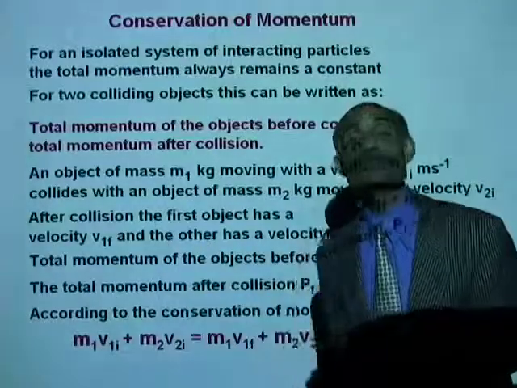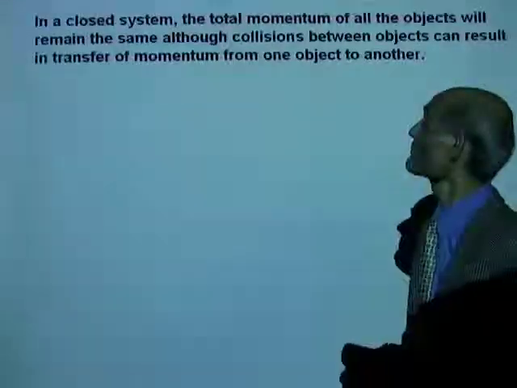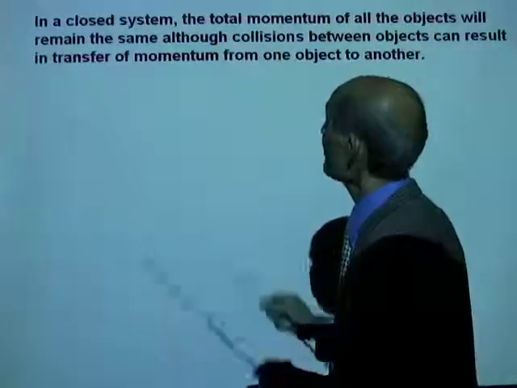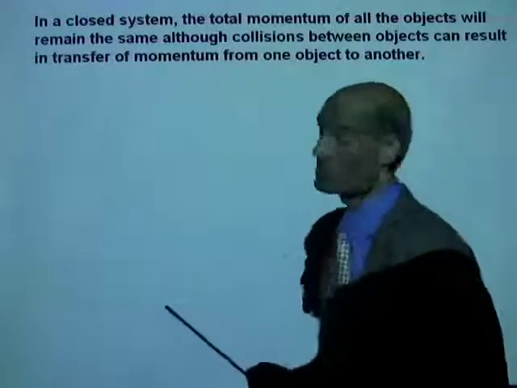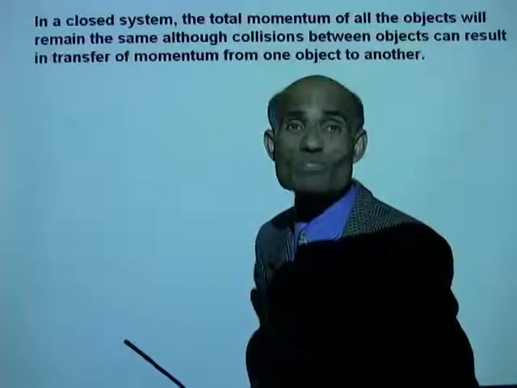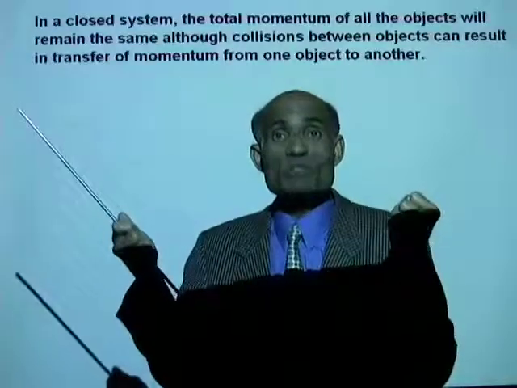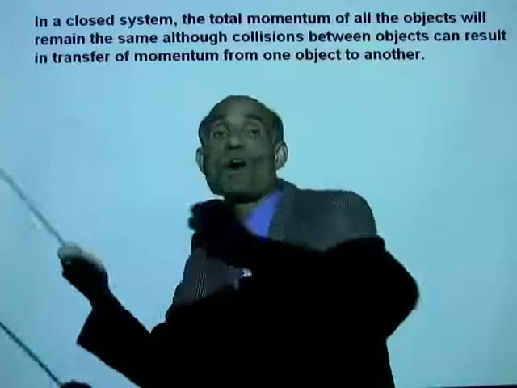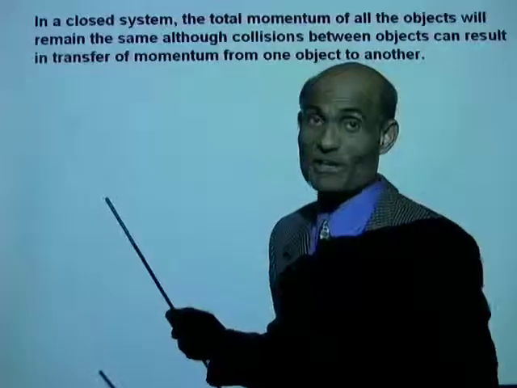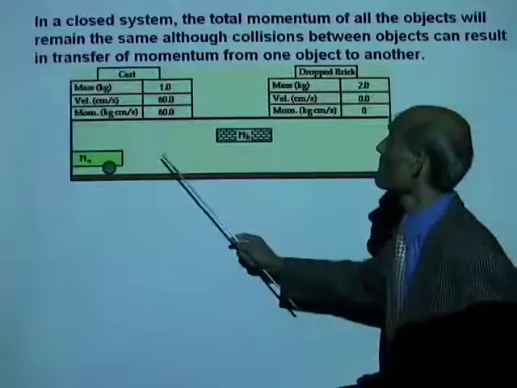And we will use that for solving problems very often. A statement: in a closed system, the total momentum of all the objects remains the same, although collision between the objects can transfer momentum from one object to another. That's very important. Now watch an animation here.